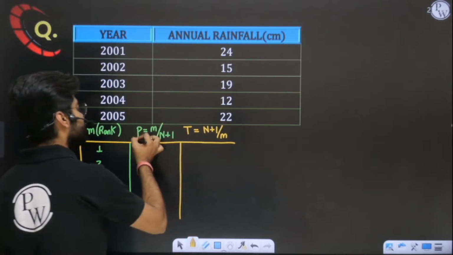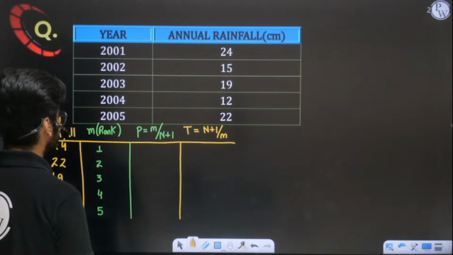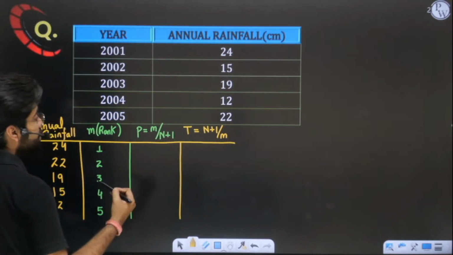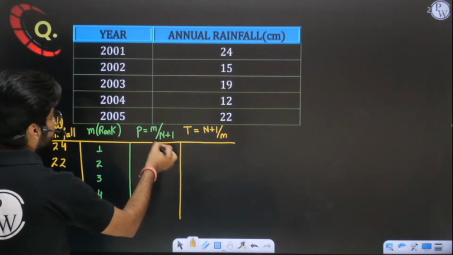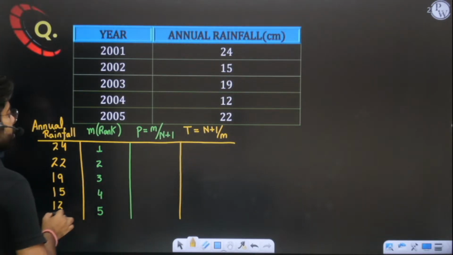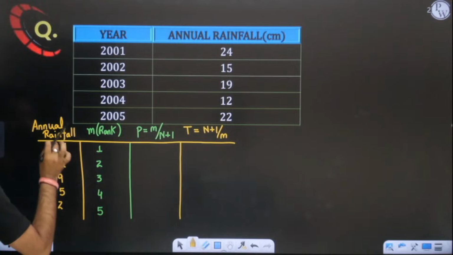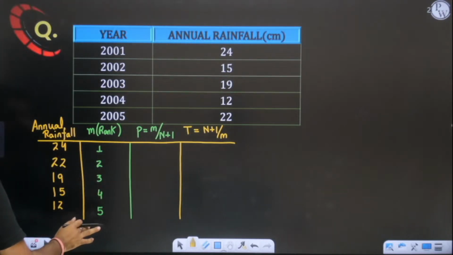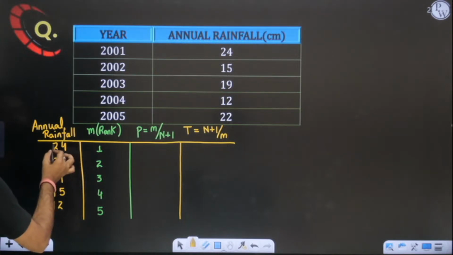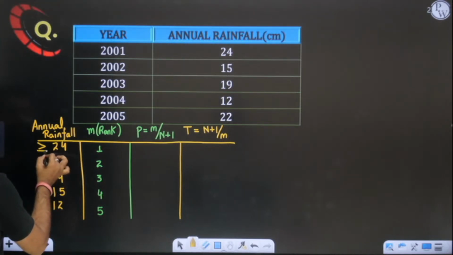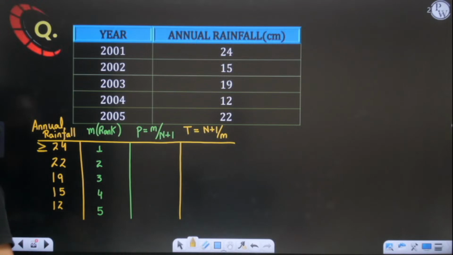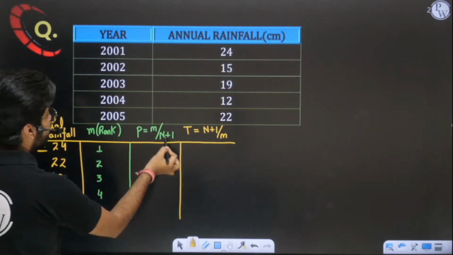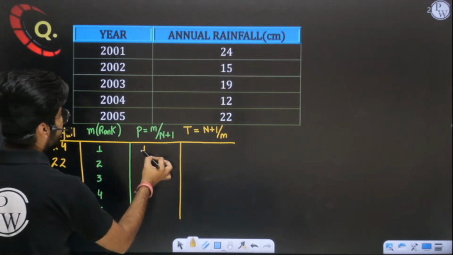Okay. See, in order to predict the rank, the return period and probability, we have used the Weibull formula here. So can you guess? Can you tell me what is the probability that this annual rainfall of 24 will be equaled or exceeded? Sir, the probability of such a rainfall event will be m upon n plus 1. m is 1, n is 5.